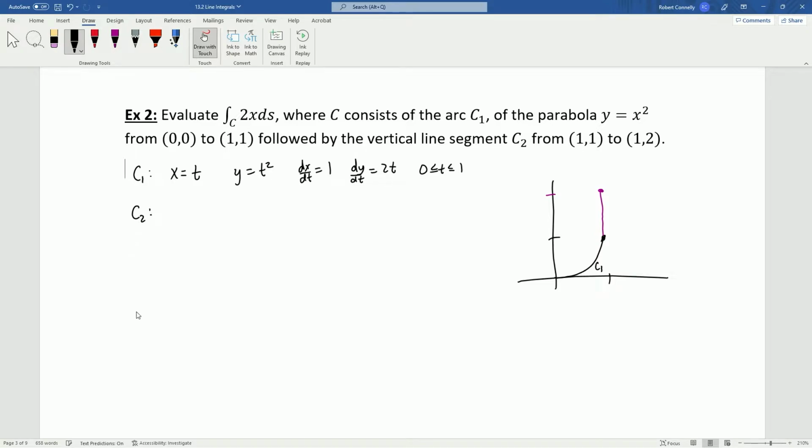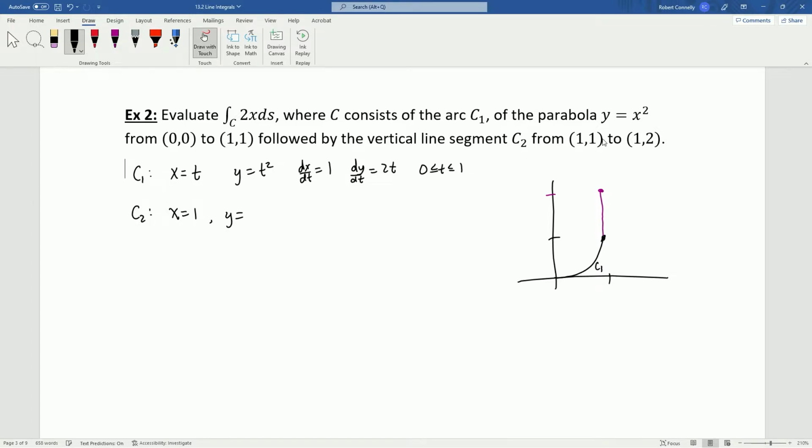Now for C2, if you recall, we have a formula for finding parametric equations for a line between two points. But actually, in this case, because this is a vertical line, we can figure one out just intuitively. So x has to be 1 the whole time, so x is just the constant value 1.